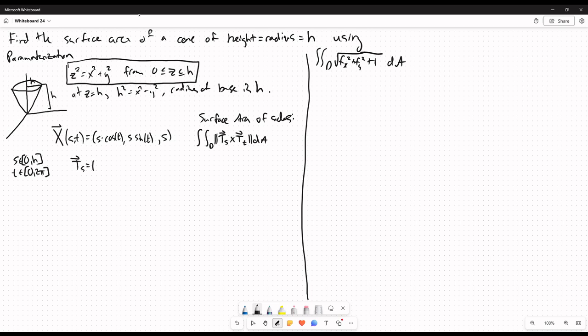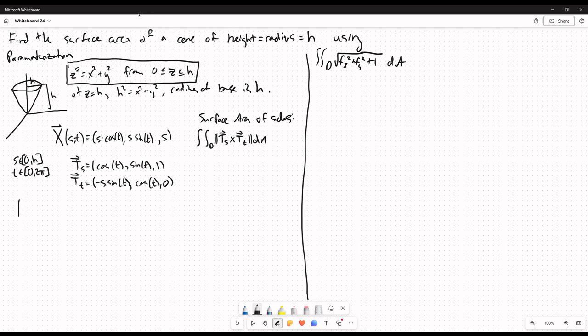So X sub s, if I take the derivative with respect to s, I'm going to get cosine of t, not theta, cosine of t, sine of t, 1. And if I take the derivative with respect to t, I'm going to get negative s sine of t, s cosine of t, 0.